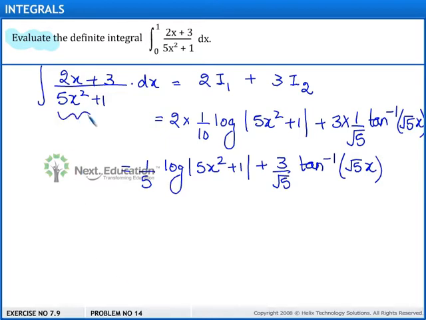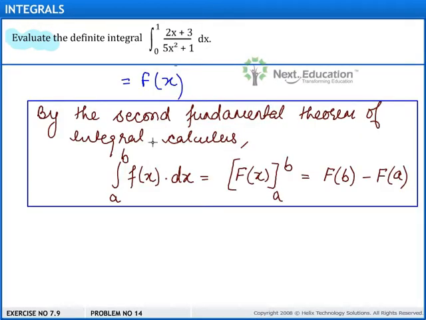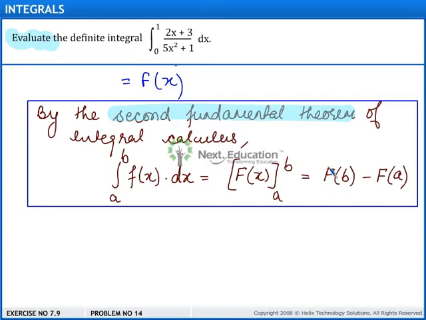Let us denote the antiderivative of this function as capital F(x). Now, by the second fundamental theorem of integral calculus, integral of f(x) dx from a to b is equal to the value of the antiderivative at the upper limit minus the value of the antiderivative at the lower limit.